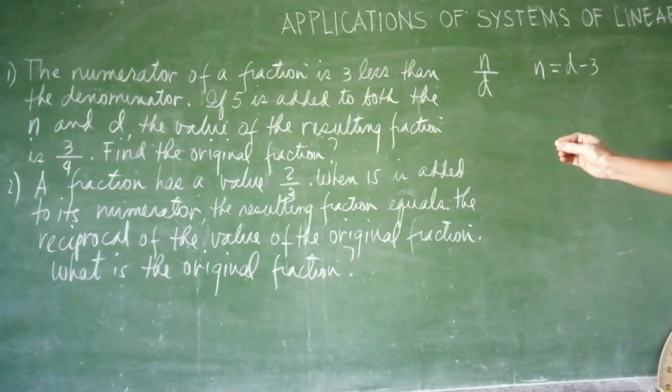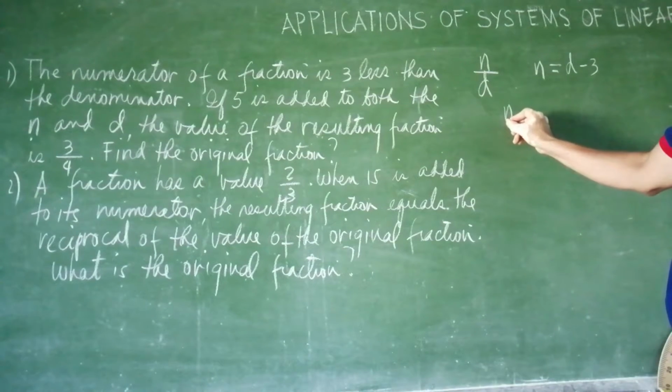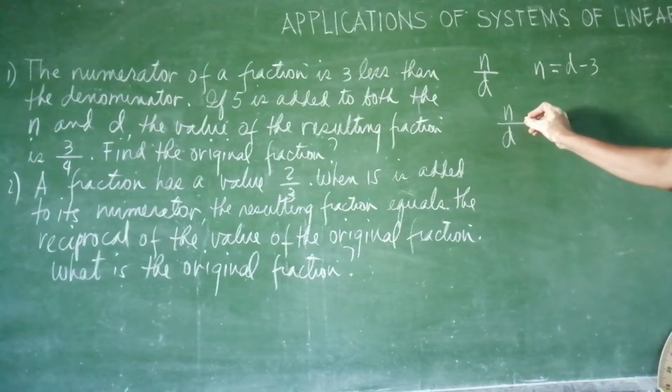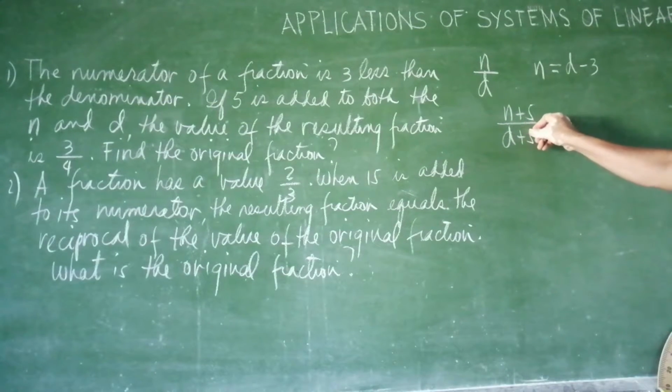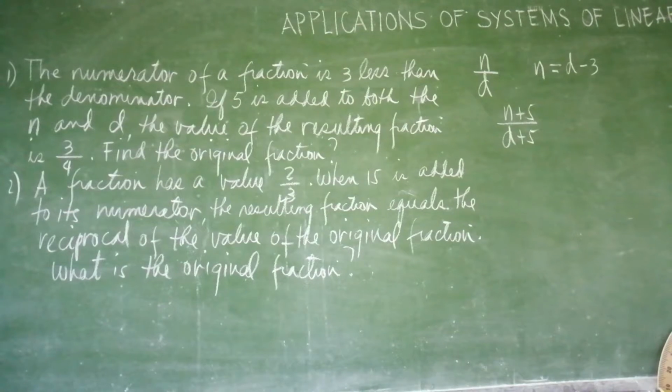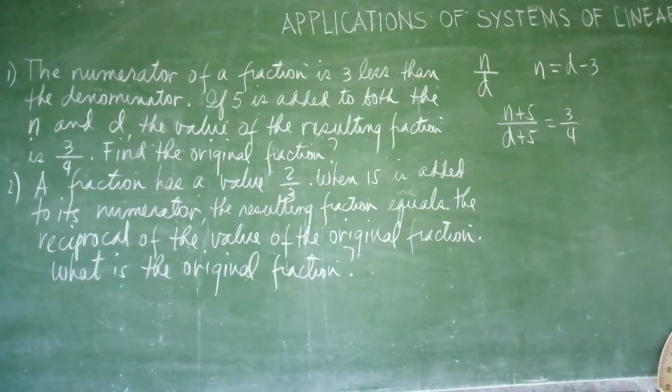Now, if 5 is added to both, meaning n over d, you add 5 here, you also add 5 here, the value of the resulting fraction will be equal to 3/4. Okay, find the original fraction.